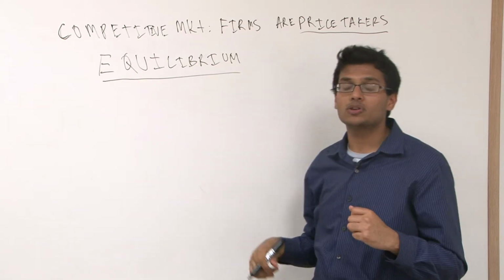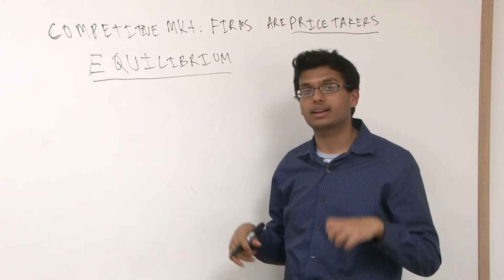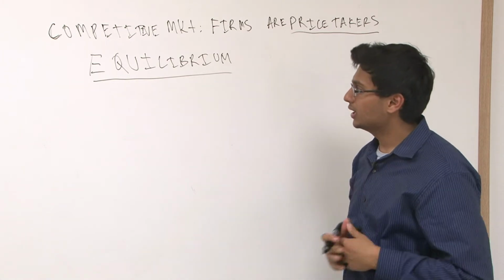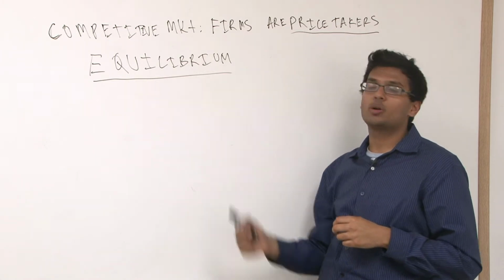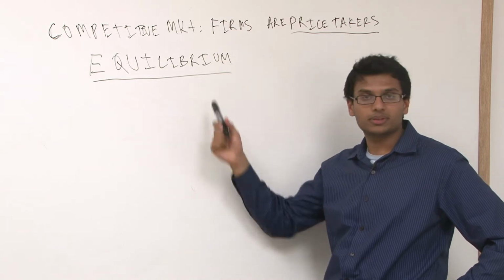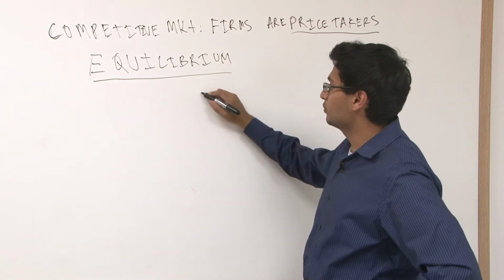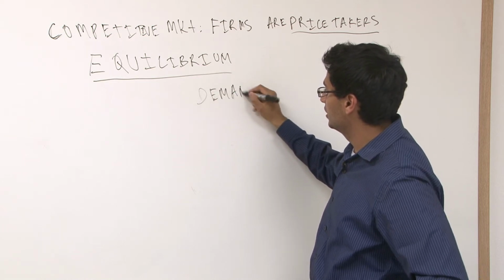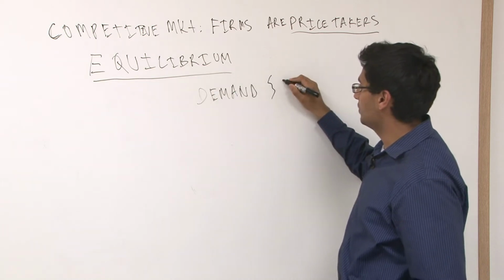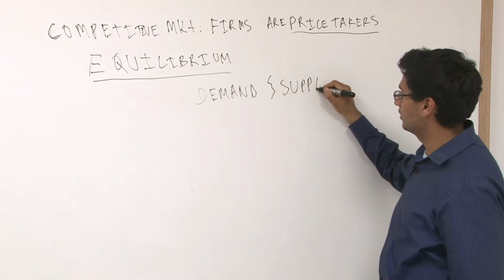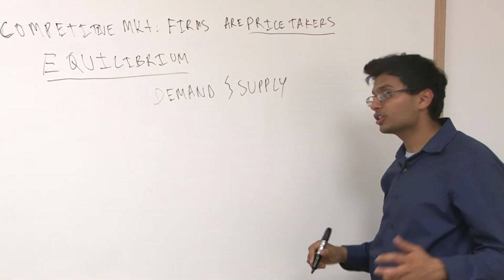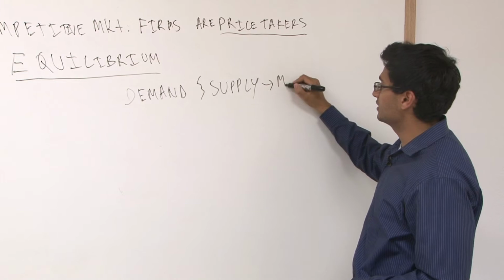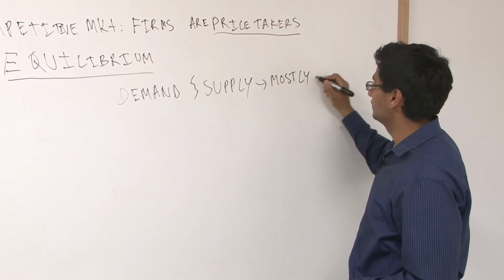If these concepts are confusing, we're going to go over some problems later on so that it'll be a little more clear. Okay, so there are a couple of things you guys need to know about a competitive equilibrium. In a competitive market equilibrium, the demand and supply, for the most part, don't change. Mostly don't change.